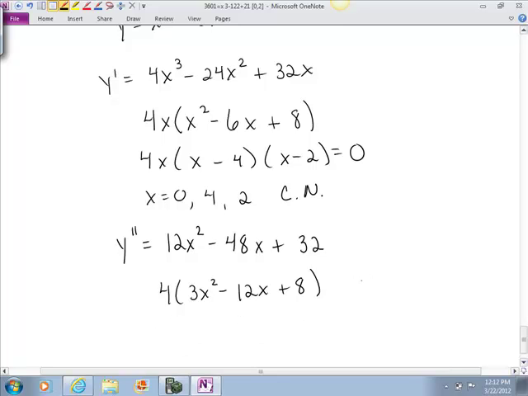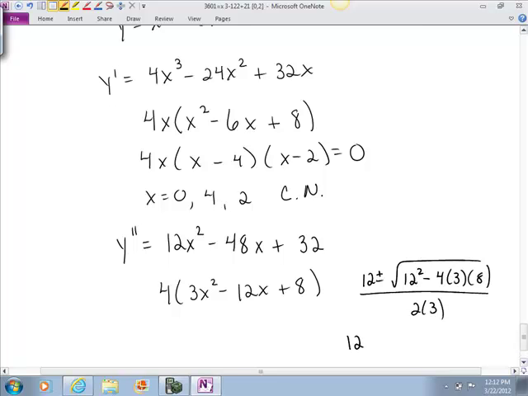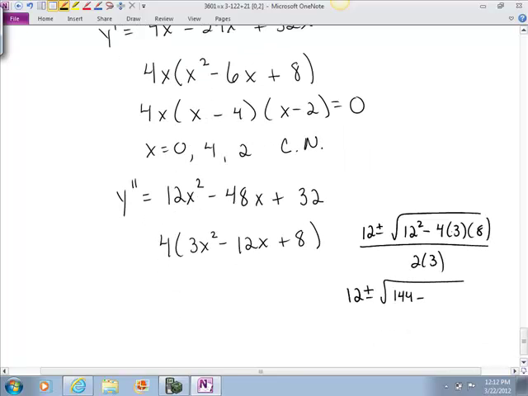Yeah. So it's going to be 12 plus or minus the square root of 12 squared minus 4 times a times c, divided by 2a. So this is 12 plus or minus the square root of 144 minus, is that 96? Over 6. 12 times 8. Yeah.